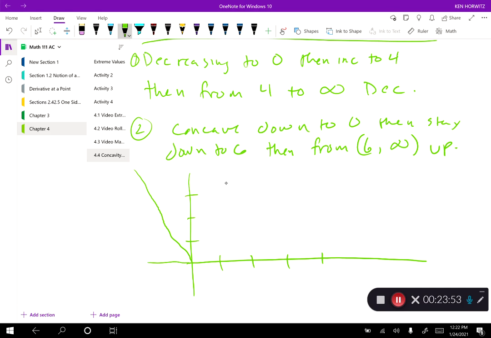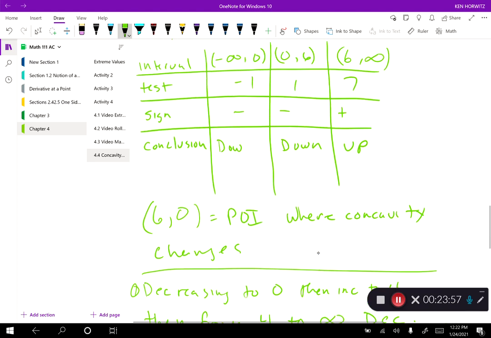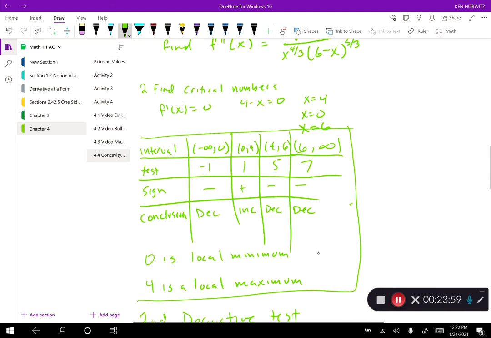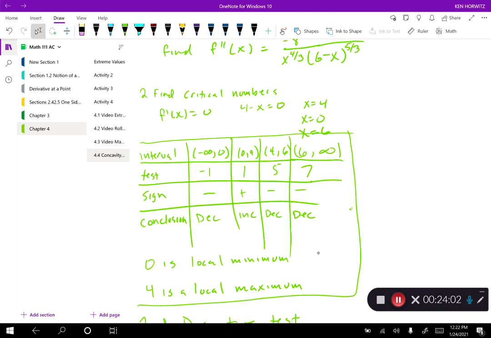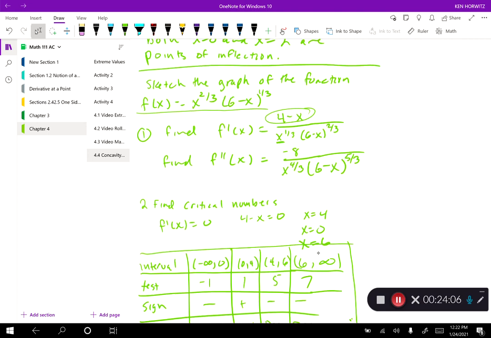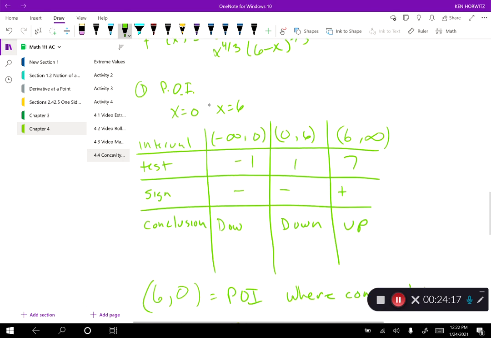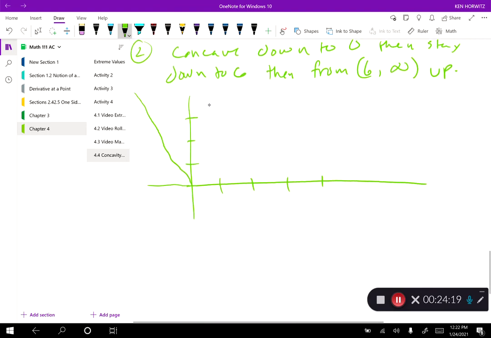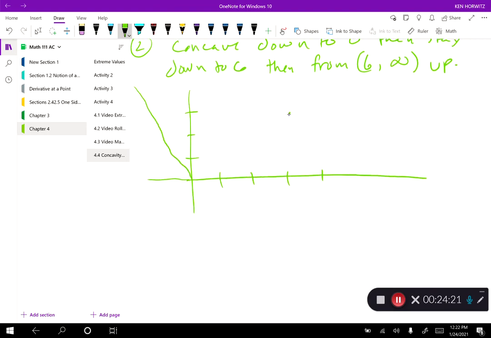At 4, what is my value? I need to know what value that is. If I plug 4 into my original, I get 6 minus 4 is 2, 2 to the 1/3. I'm pretty close to 3, so I'm going to go just a little bit below 3. So I'm right there.